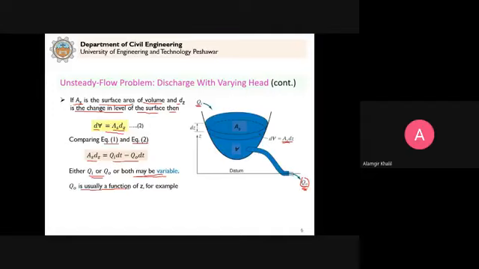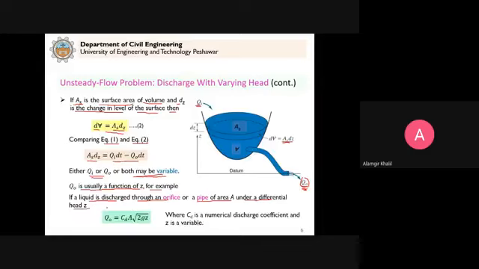Q naught is usually a function of Z. For example, if a liquid is discharged through an orifice or a pipe of area A under a differential head Z, then we can write this equation, where CD is a numerical discharge coefficient and Z is variable. When Z is changing, the water level is changing, so it changes the discharge. So Q naught is usually a function of Z, and it is variable.